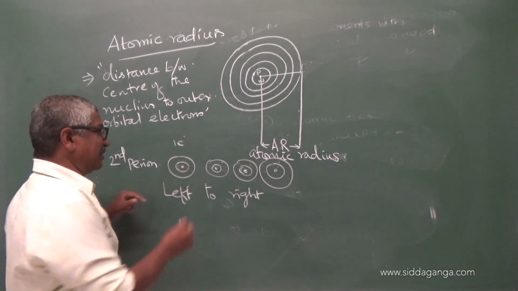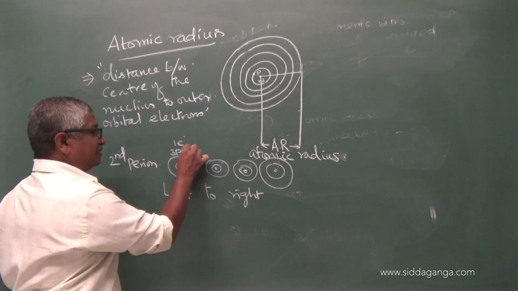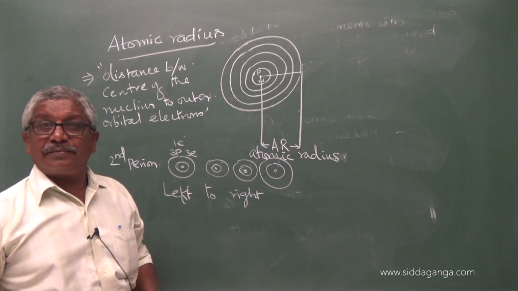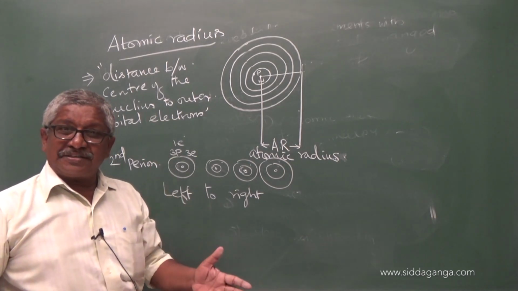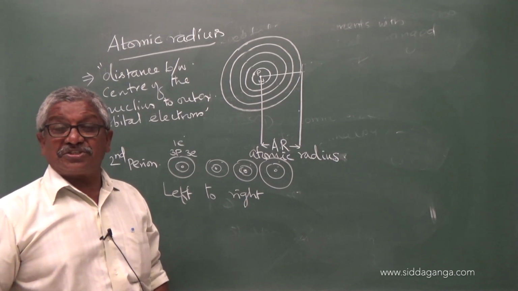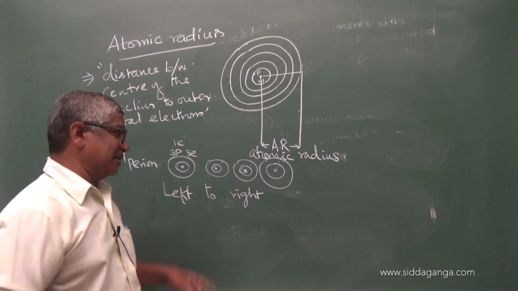This will have 3 protons and 3 electrons, because the atom is neutral. Same number of positive charge and negative charge. Proton is a positive charge, electron is a negative charge.